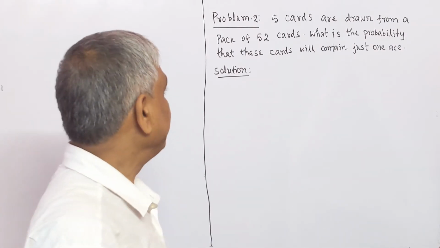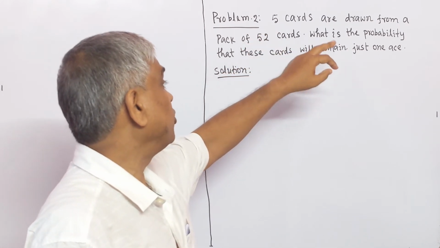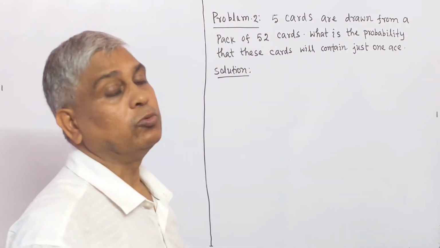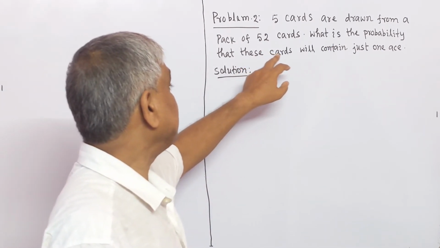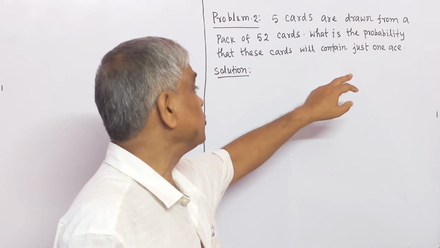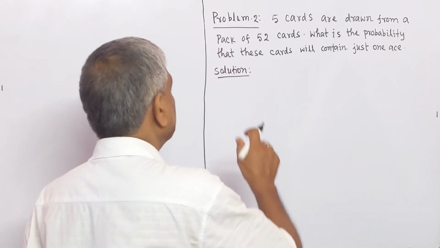Now we solve the next problem. Problem is: 5 cards are drawn from a pack of 52 cards. What is the probability that these cards will contain just one ace? Now we solve this. Solution.